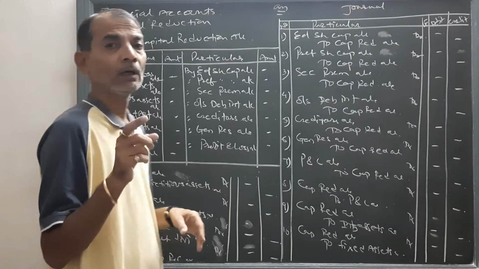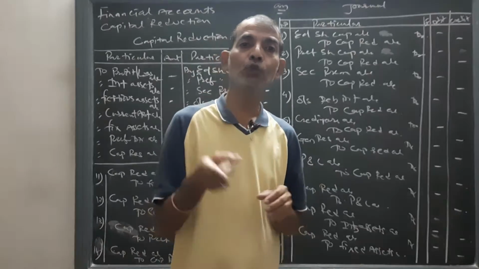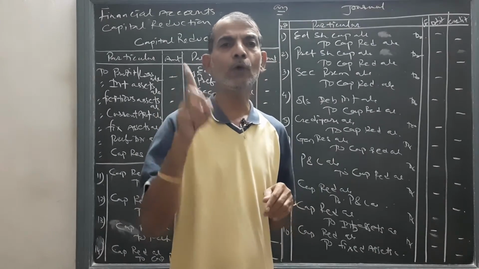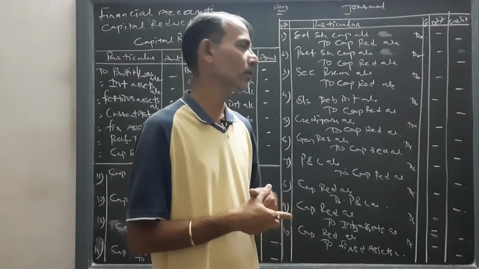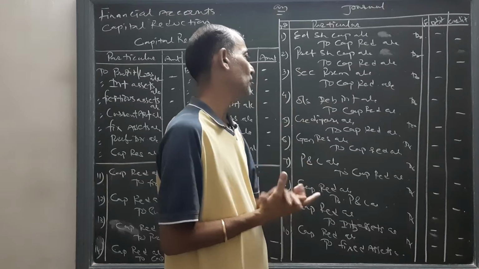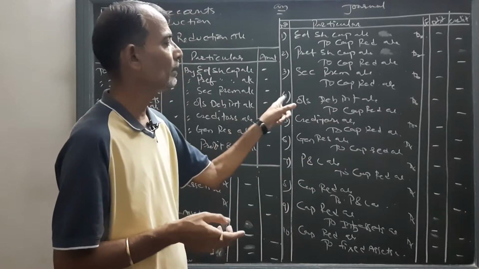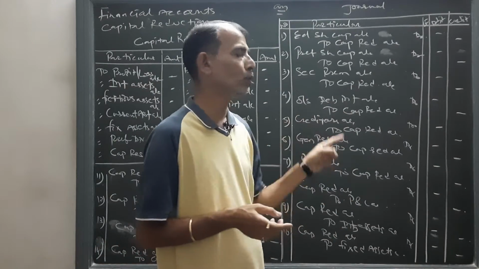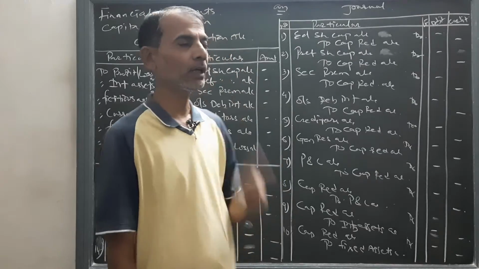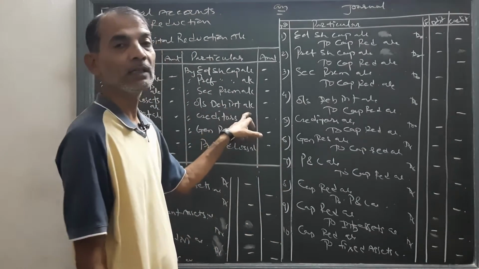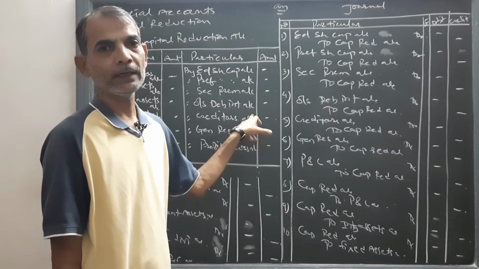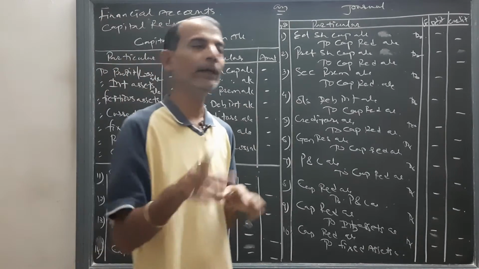Then, if the company wants to pay less outstanding debenture interest, the entry is outstanding debenture interest account debit to capital reduction account, and the amount saved is written on the credit side.